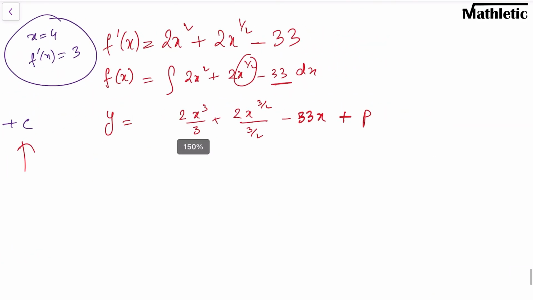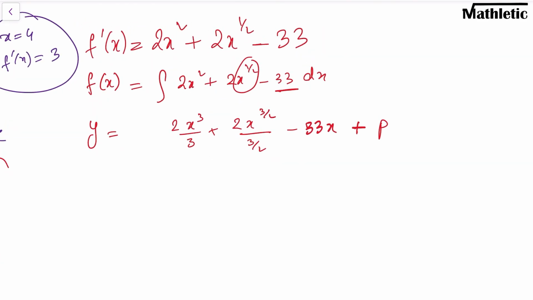So use a second one here. So this is actually 2 by 3 x cube, then 2 by 2 by 3, which is 4 by 3 x to the power 3 by 2, minus 33x plus p.